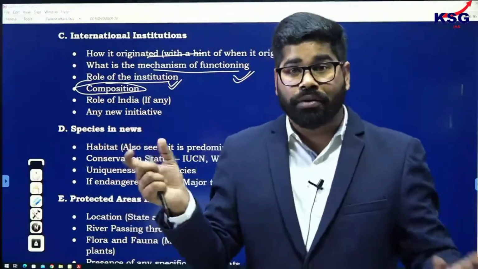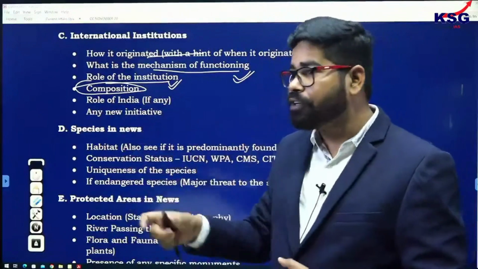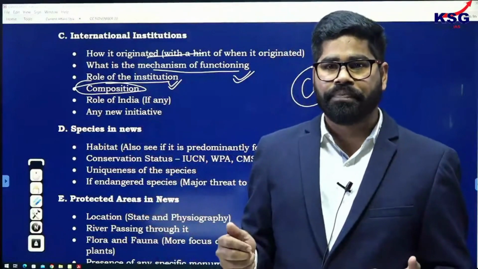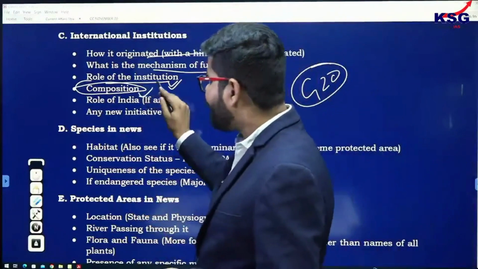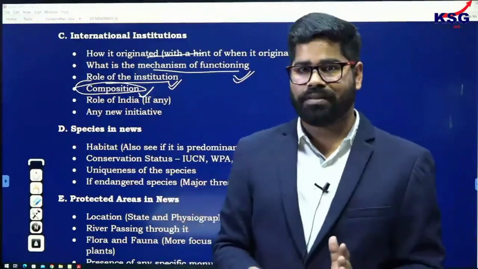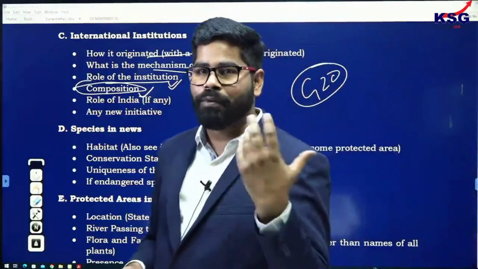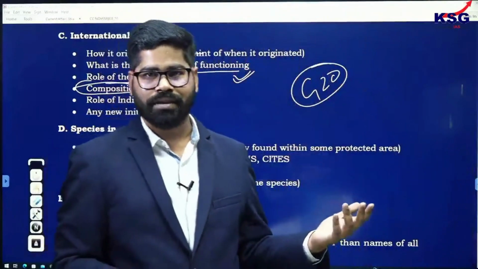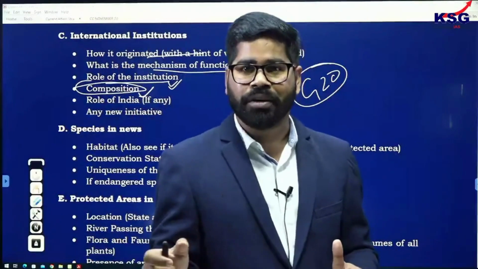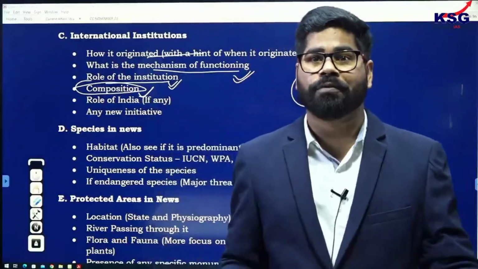So there are various institutions and they have different compositions. This is again something you have to know, who the members of the organization are. Now, if someone has more than 150 or 190 members, it is not expected of you to remember who all are members of it.